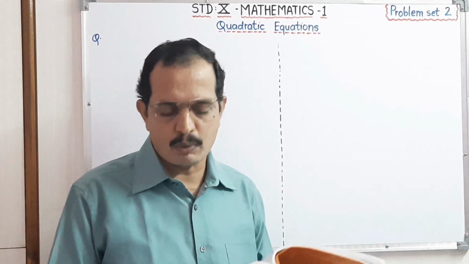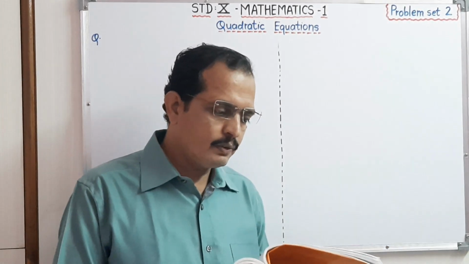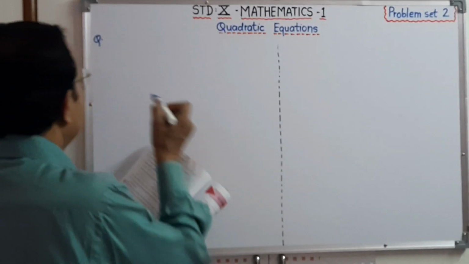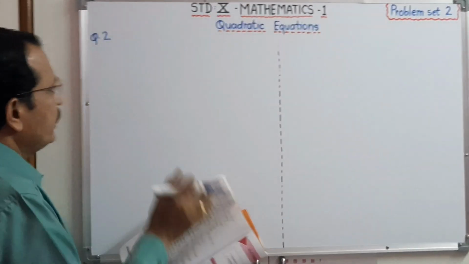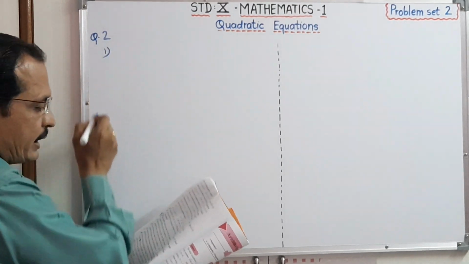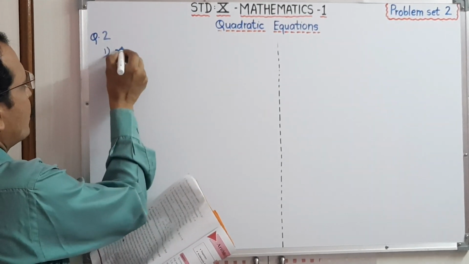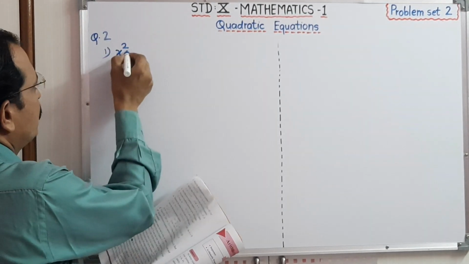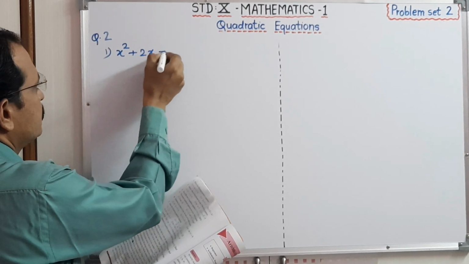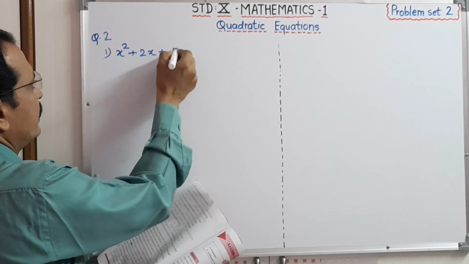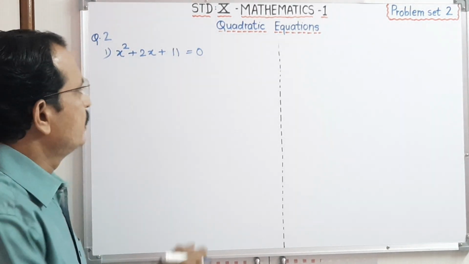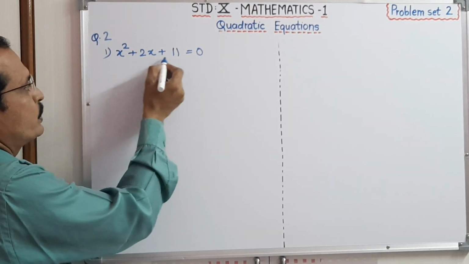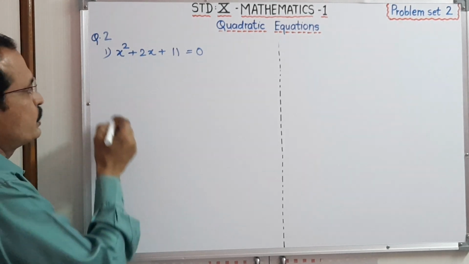All of you know about that. Let's see the first equation. In question number second, we have to decide whether the given equations are quadratic or not. x square plus 2x plus 11 equal to 0. Now see here, x square plus 2x plus 11 equal to 0.